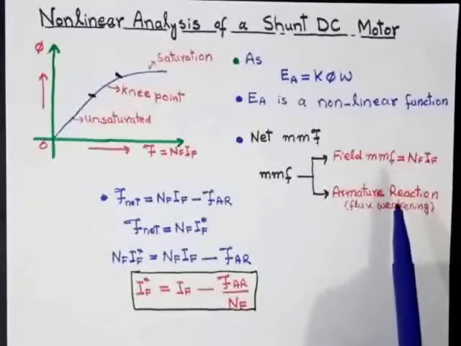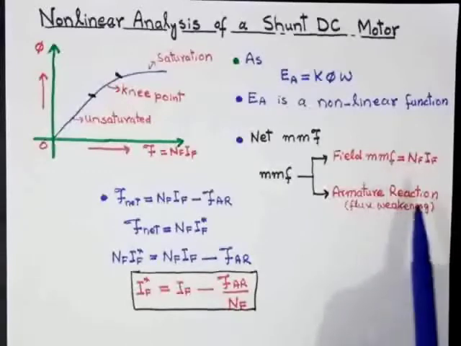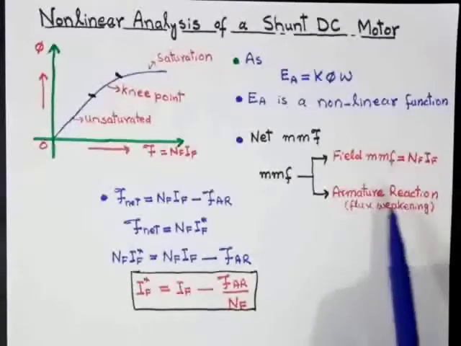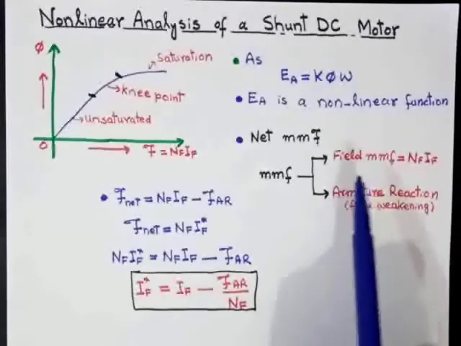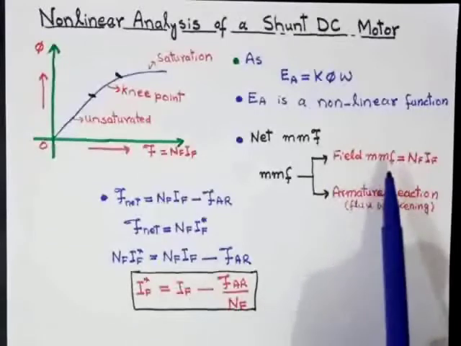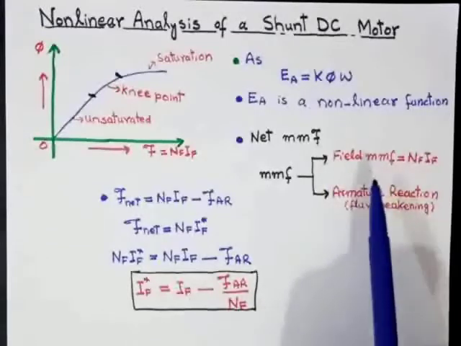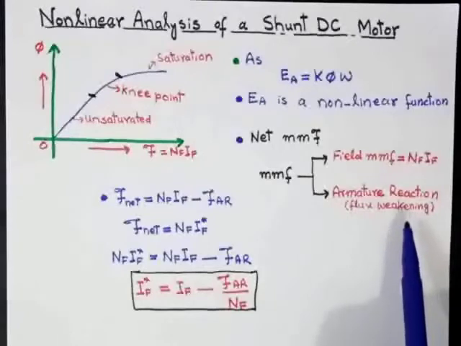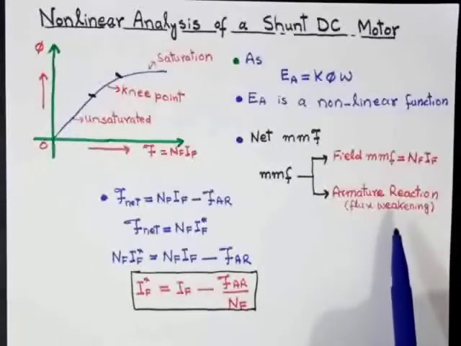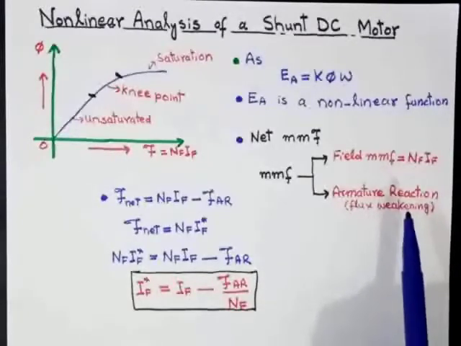Due to this current, according to Ampere's law, magnetic flux is produced. This flux will oppose the field winding flux, or the main flux. Due to this, the flux weakening problem exists, as we have already discussed in detail.